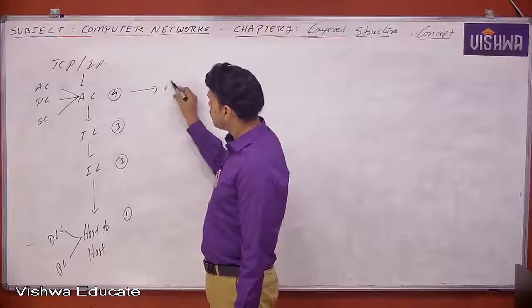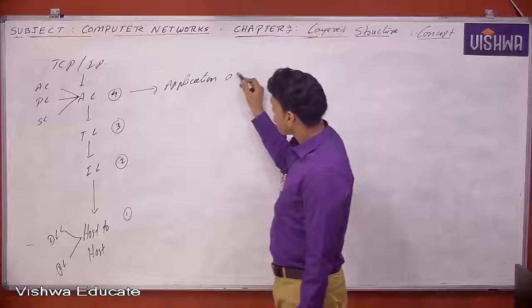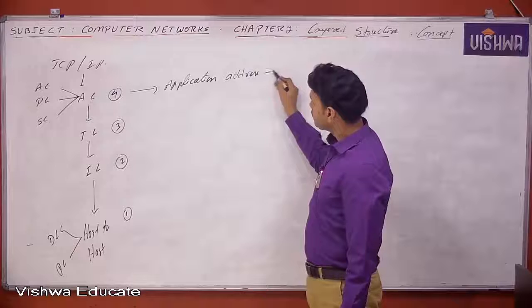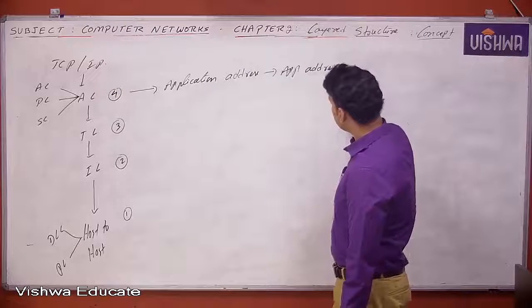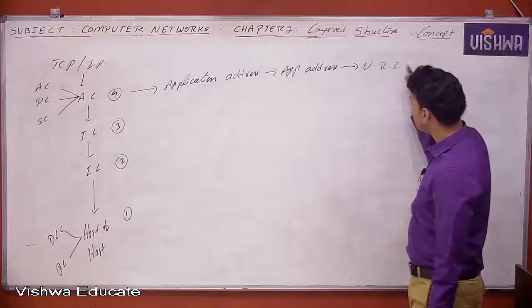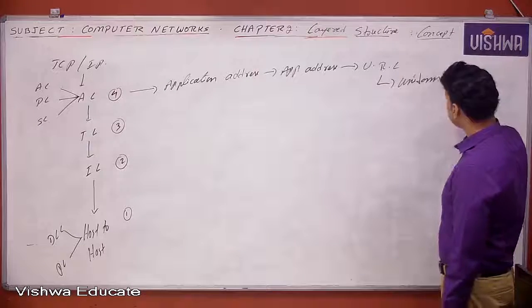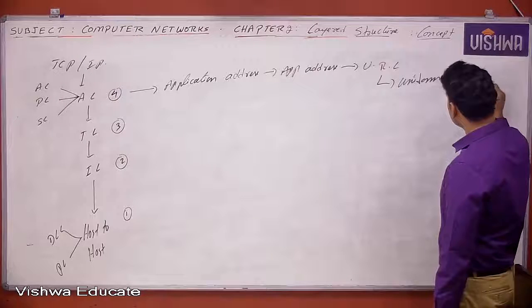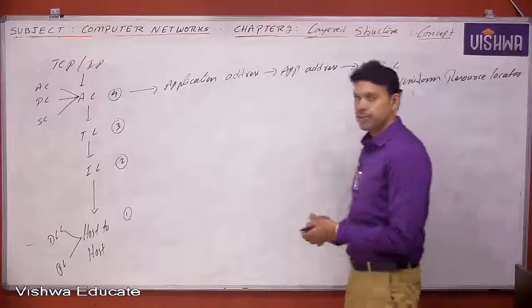The application layer deals with the application address, known as app address, nothing but URL, Uniform Resource Locator, or Universal Resource Locator.